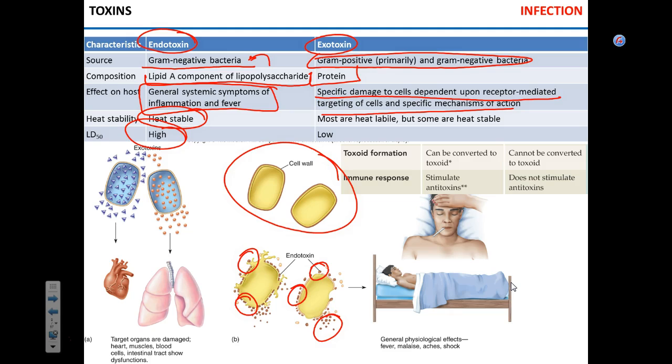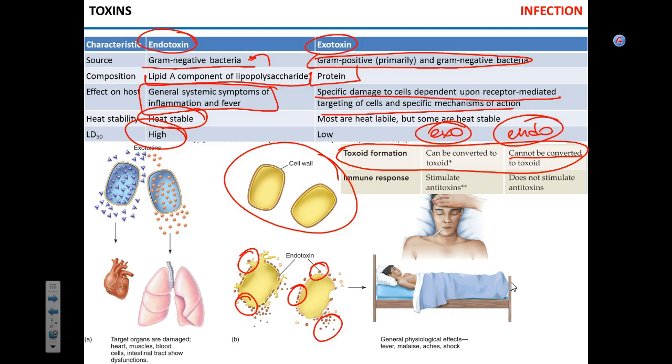Another important difference between these two: formation of toxoid. Now, what is toxoid? Toxoid is the vaccine. Does that make sense? You can take a really small amount. Now, this should be endo, exo. It's important.